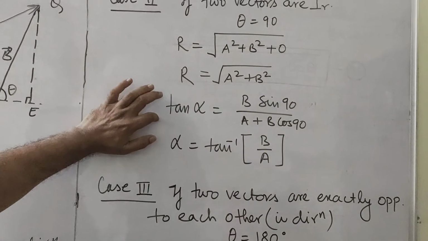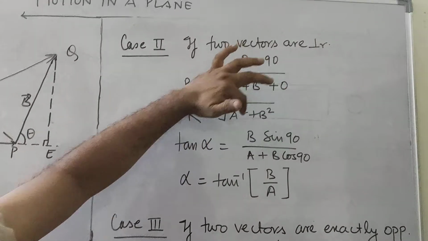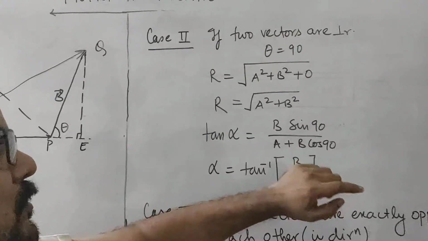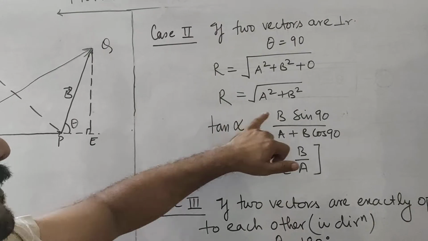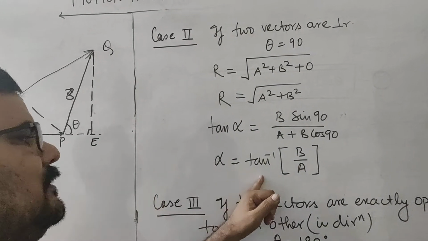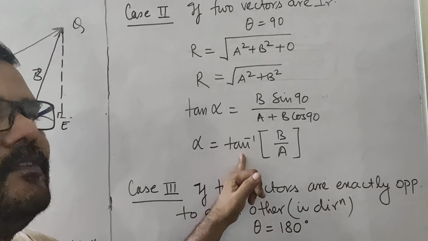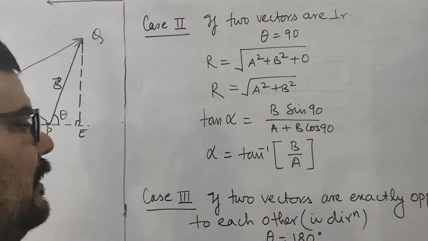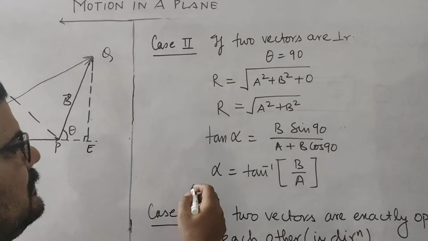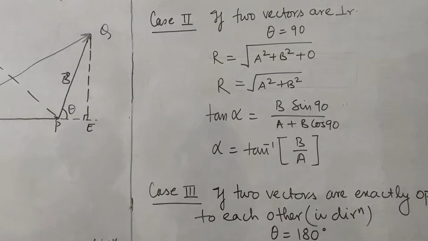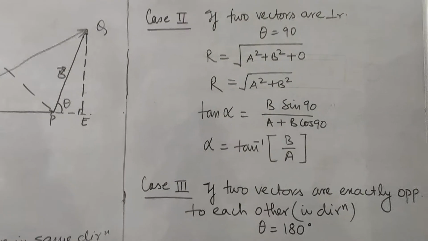And tan alpha: sin 90 is 1, and because cos 90 is 0, tan alpha is b upon a. Now alpha becomes tan inverse of b upon a. This is the direction when the two vectors are mutually perpendicular.